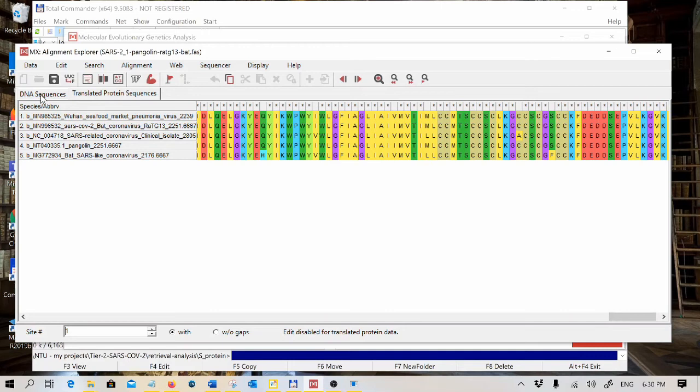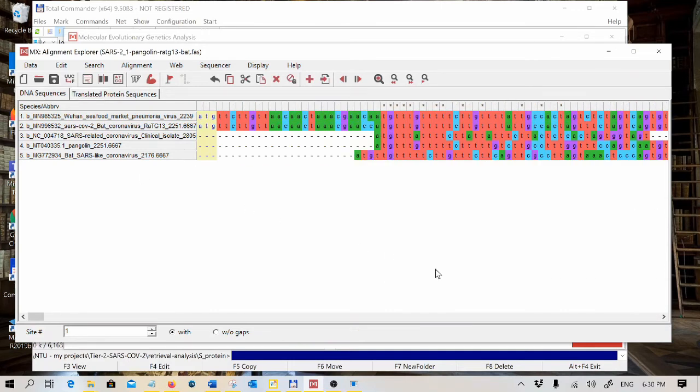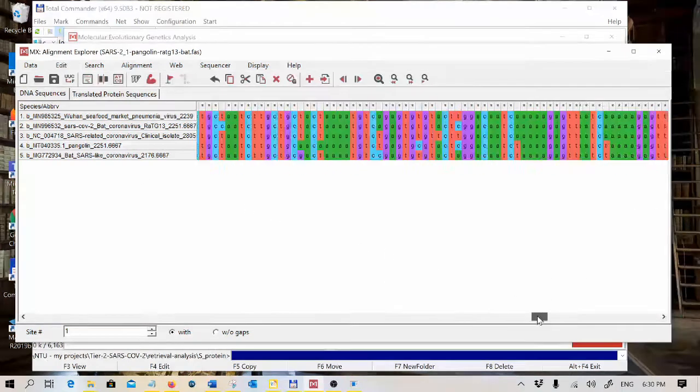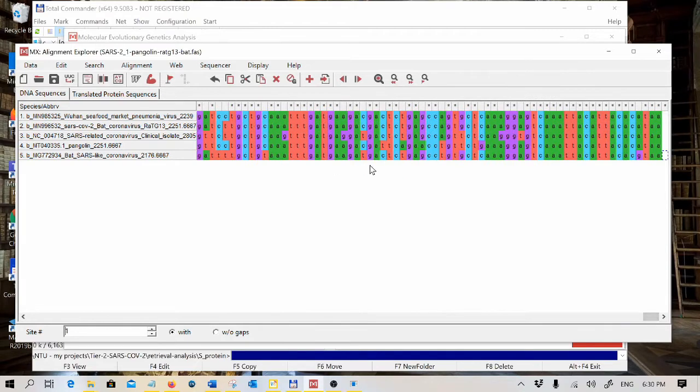But what if we look at the corresponding DNA sequences? We see that there's quite a variation in here. So how can this be? The answer is like this: the genetic code is redundant. It means that we can change triplets, but they will still encode the same amino acid.